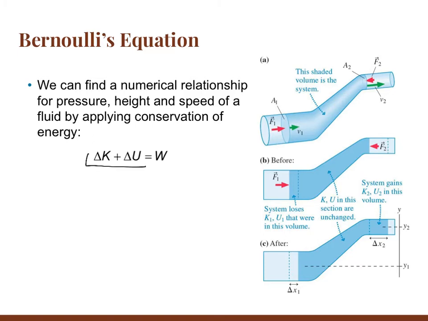This is kinetic plus potential energy. Kinetic plus potential energy is basically all the energy you're going to have. That's the total energy. So a change in energy, which would be the total change in kinetic plus the total change in potential, the change in energy is equal to work, because work is a transfer of energy.